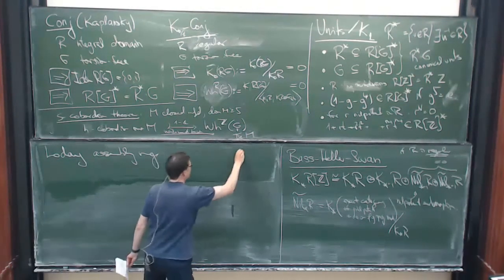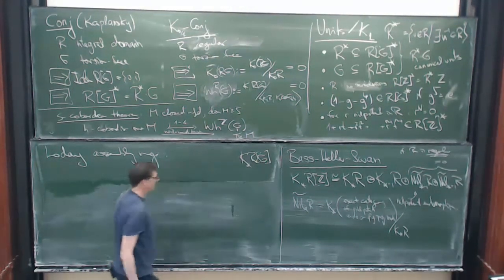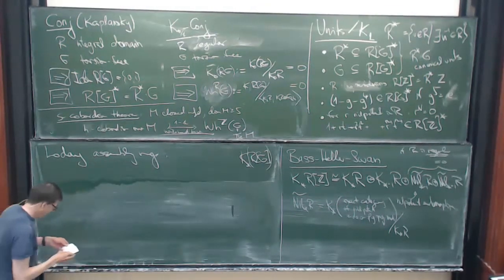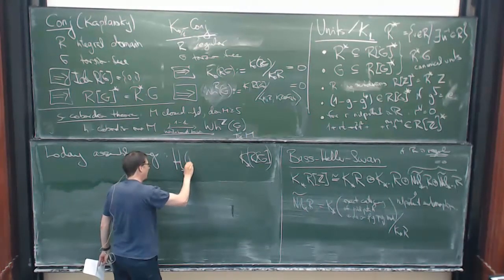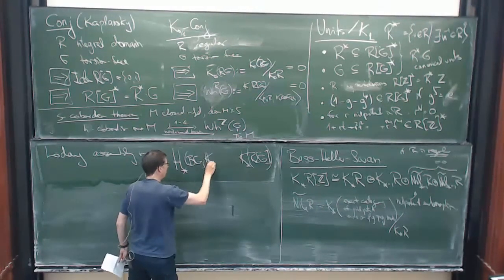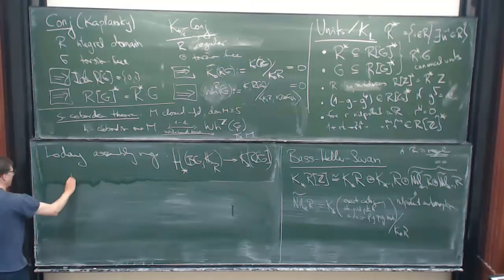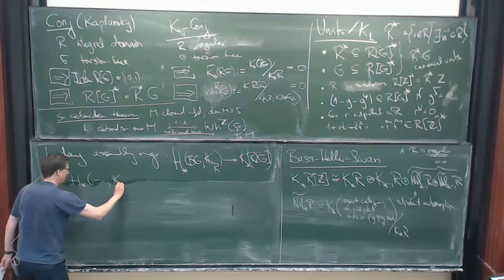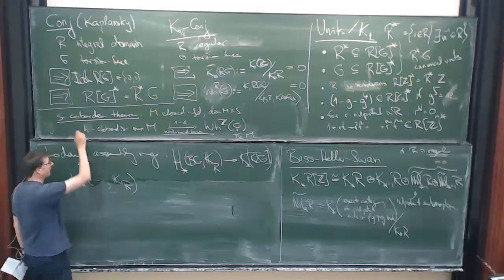So this is a map that has as a target the K-theory of the group ring, and its source is as follows. Here, by this symbol, I mean homology with coefficients in the K-theory spectrum.